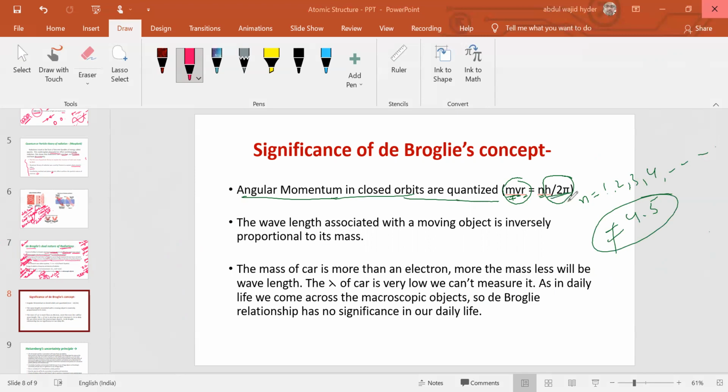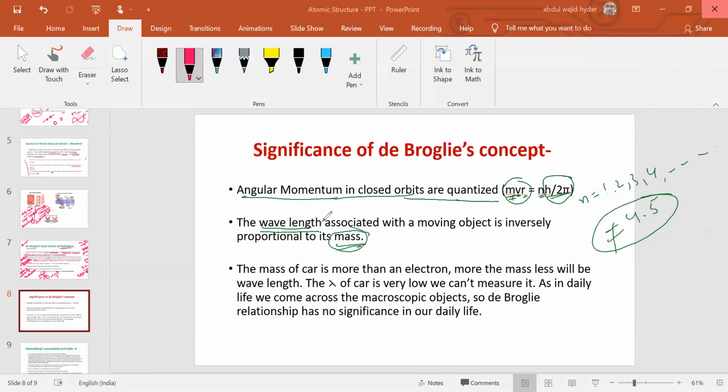The wavelength associated with a moving object is inversely proportional to its mass. See, elephant and horse, which is heavier, elephant or horse? Elephant. So the elephant is heavy, so the distance covered by the elephant will be less.